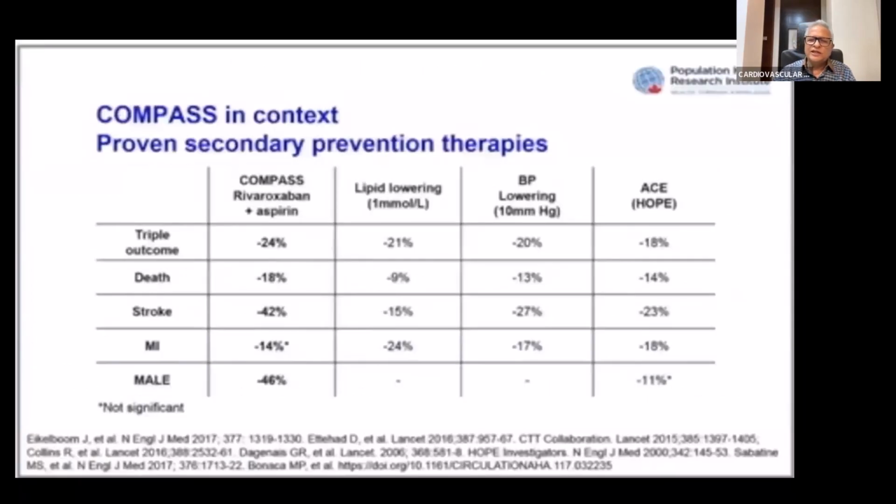But very interestingly, we know the COMPASS trial, rivaroxaban and aspirin, with aspirin alone in another arm.